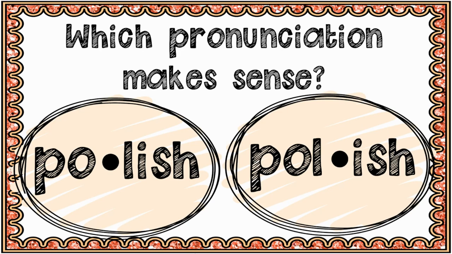If we divide after the L, the word would be polish. So if my sentence was, the table is very dusty, so we need to blank it, would we need to polish it or polish it? If you said polish, you're correct. For that word, we would need the short O sound, polish.